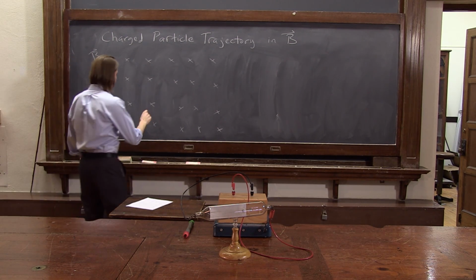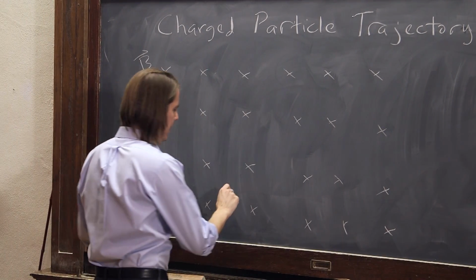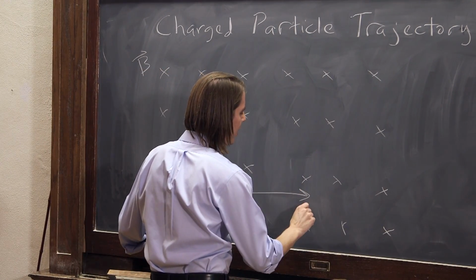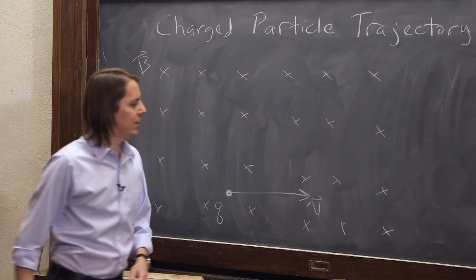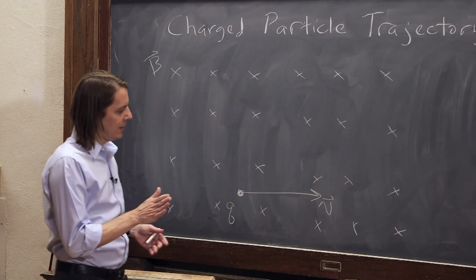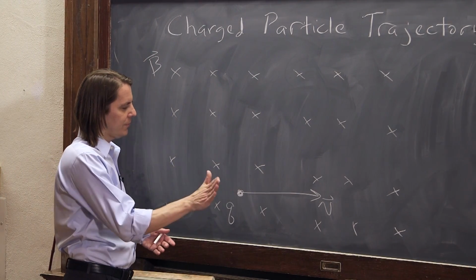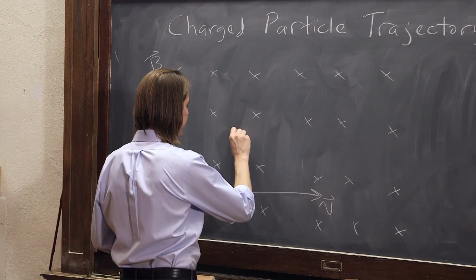The charged particle, we can start it right here. It has some charge Q, and let's give it a velocity, because we know we need a velocity to have any force at all. So it has a velocity to the right. Well, we can figure out the force that you're going to get. It's going to be V, fingers along V, cross B, turn them towards the B vectors, so the force is going to be up.